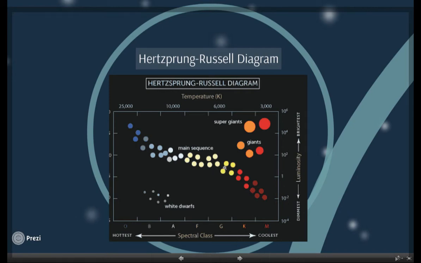Our sun is about 4.6 billion years old, and in another 5 or so billion years, our sun is expected to become what's called a red giant. So as it ages, instead of getting smaller and more compact and dimmer, it's actually going to get larger. And this has to do with its relative mass and the forces of gravity.